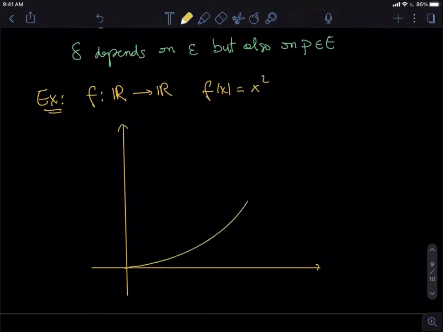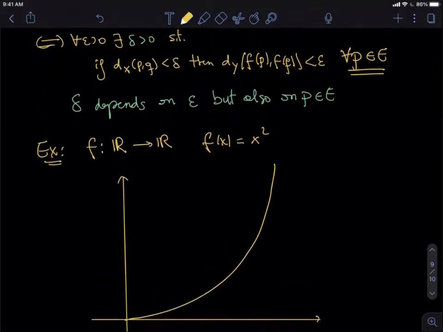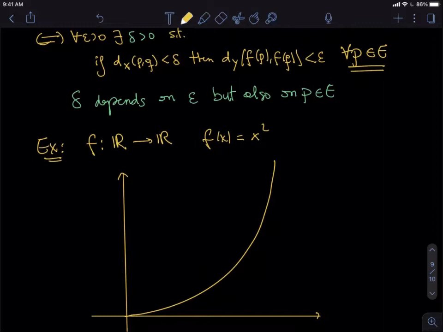It would look something like this. Okay. And here, what is the definition saying? The definition is saying that if the distance between P and Q is less than delta, then the distance between the images is less than epsilon.